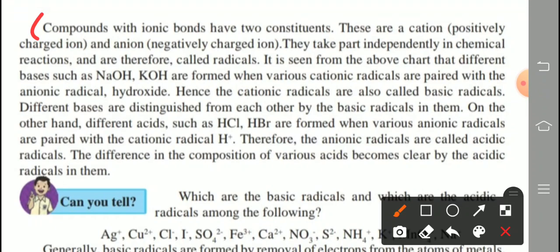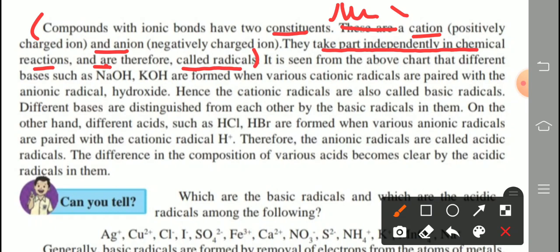Compounds with ionic bonds have two constituents, such as cation and anion, which take part independently in chemical reactions and are called radicals. All are getting?